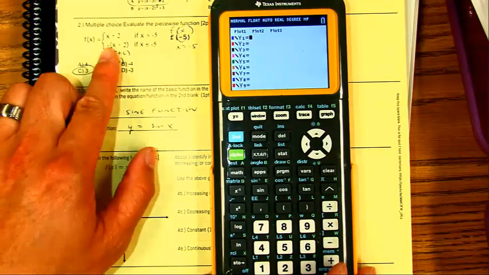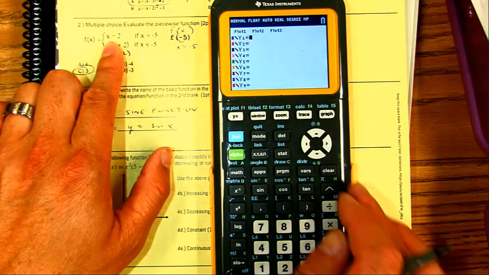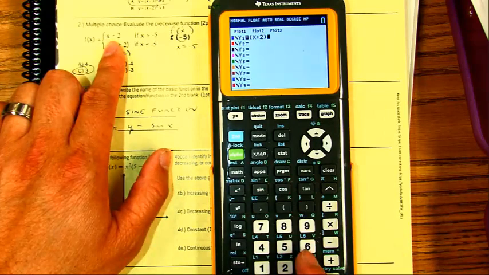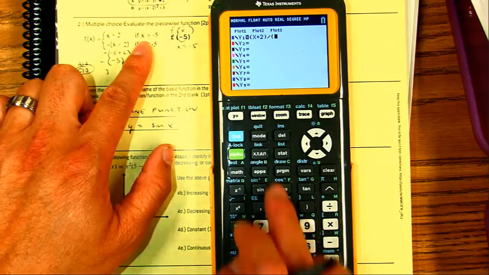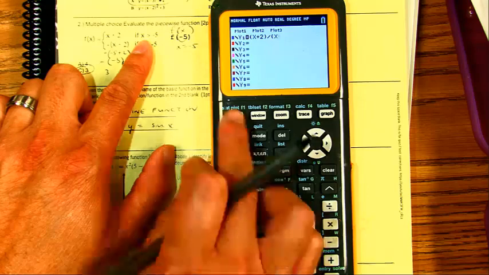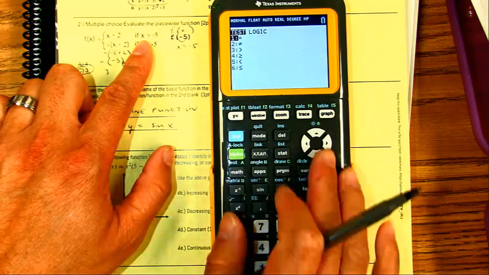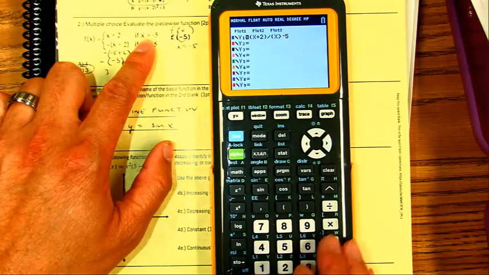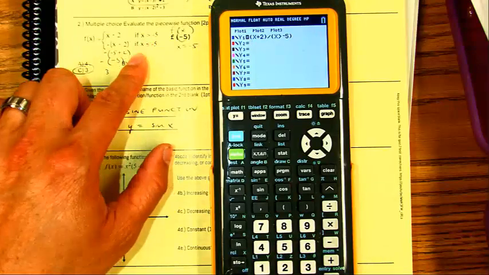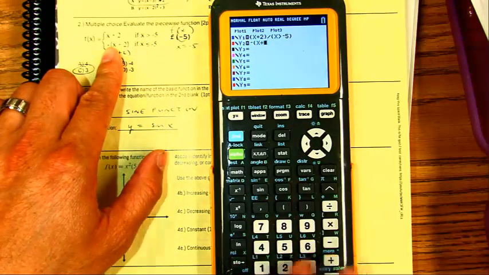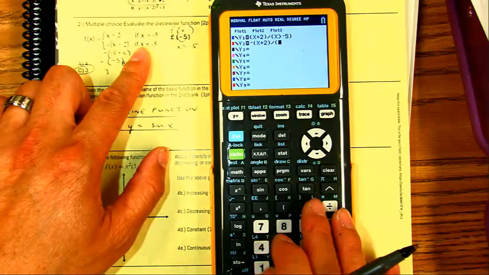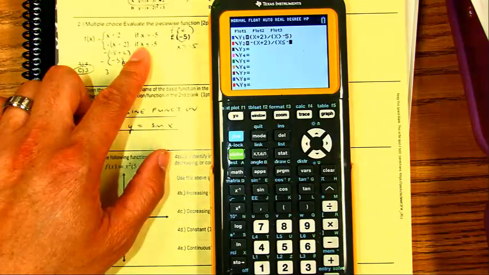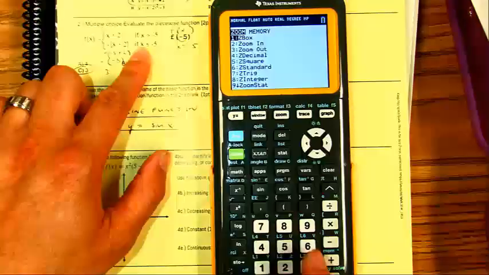Alright, for the table of values here, I'm just going to do in parentheses x plus 2, divided by parentheses x, and then to get the inequalities it'll be the test, so second test, and then under test, that would be greater than negative 5, and then negative x plus 2 divided by x, test less than or equal to negative 5. Zoom 6. Here's your graph.